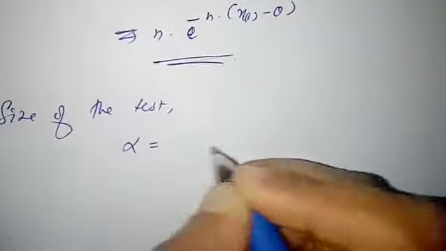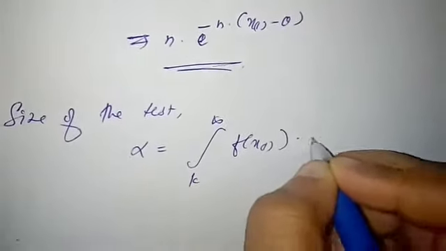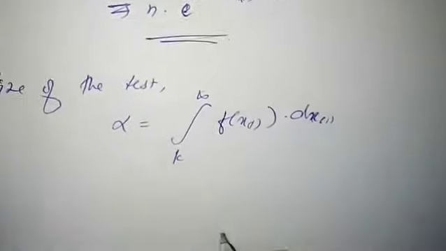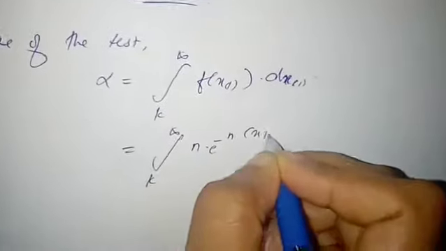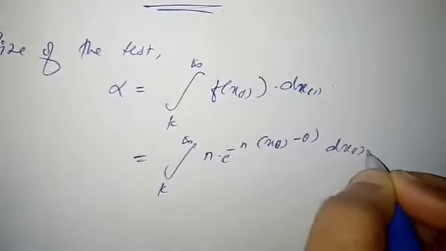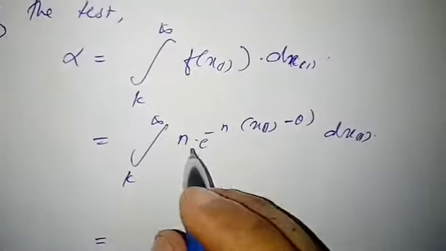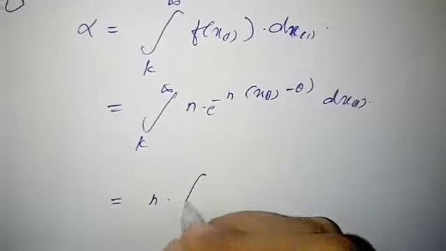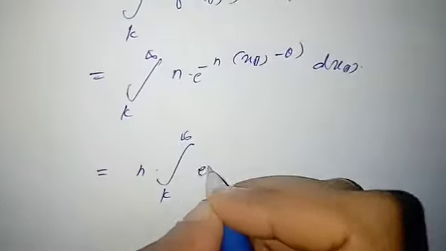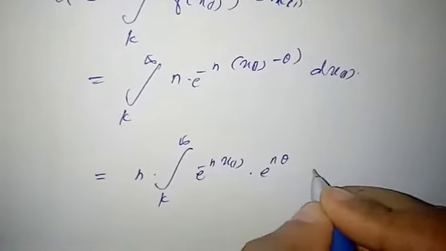Using this we have to find the size, alpha, equal to the integral over k to infinity of f of x1 dx1. Substituting the density of the first order statistic, n into e power minus n x1 minus theta dx1, we can take the constant term n outside: the integral over k to infinity of e power minus n x1 into e power n theta dx1.